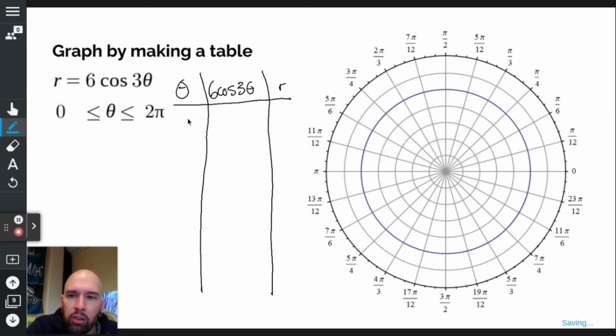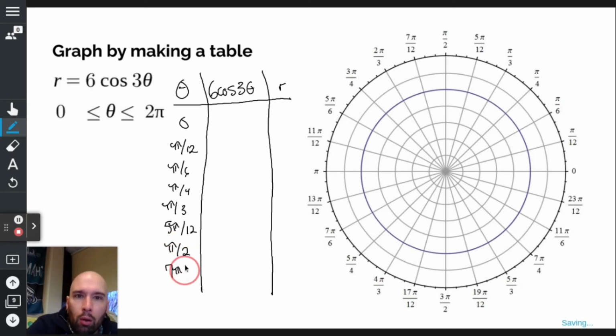So let's choose 0, pi over 12, pi over 6, pi over 4, pi over 3, 5 pi over 12, pi over 2, 7 pi over 12, 2 pi over 3, and 3 pi over 4, which is basically all the room that I have anyway. At some point around here, I can expect repeating to take place, and that's when we will start seeing things repeat itself.